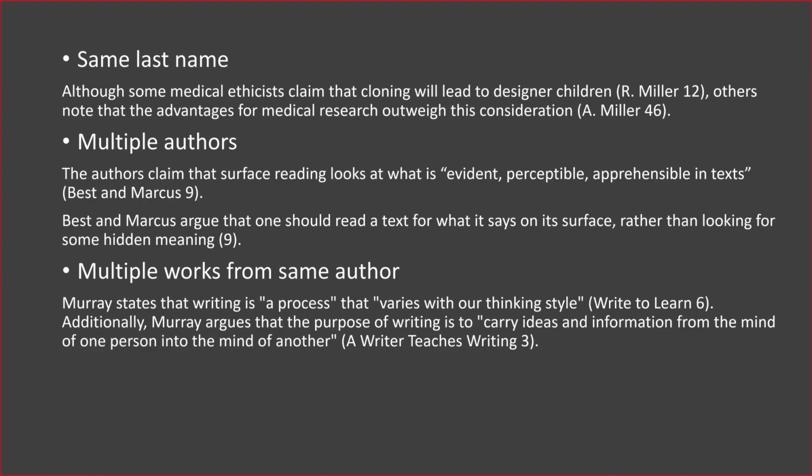So two different books from the same author, and you'll note that we've already included the author's name. That makes it a little easier and a little less messy in your citation. But if you didn't introduce the author's name here, you would still need to include the author's name in the in-text citation as well. But you would also need the name of the work.